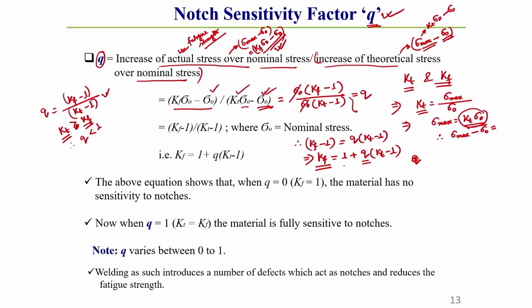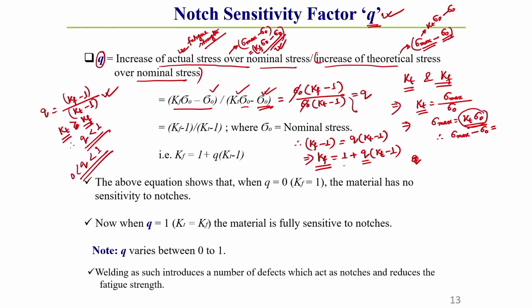From this equation itself you can get what I am telling, understand. So the Q value I am showing generally always varies within a range of 0 to 1.